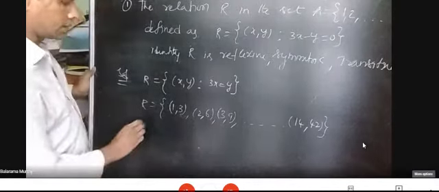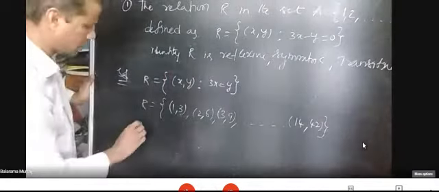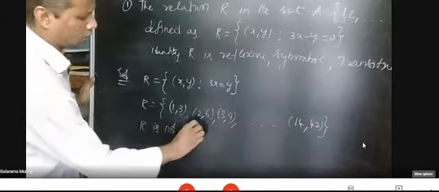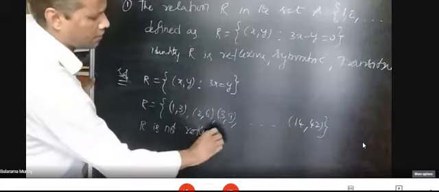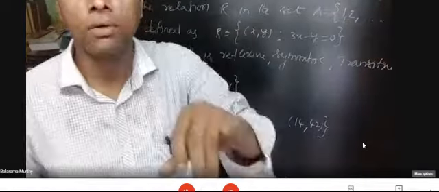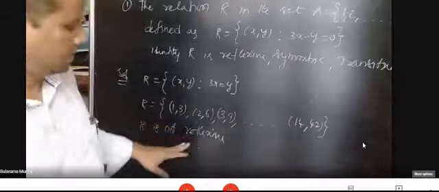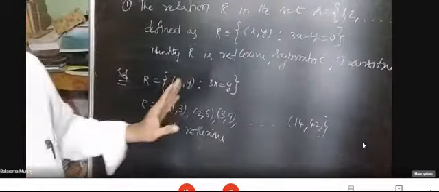We are having elements 1 to 40, so 1 comma 1 must be there, 2 comma 2 must be there. But in this relation, 1 comma 1 is not there, so R is not reflexive.